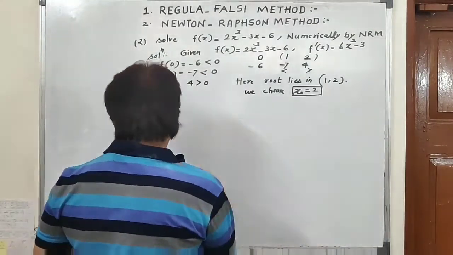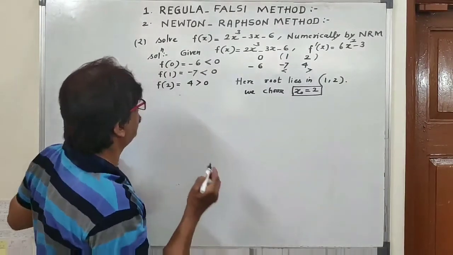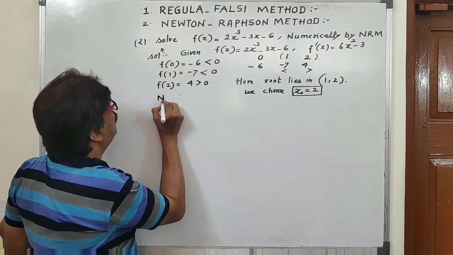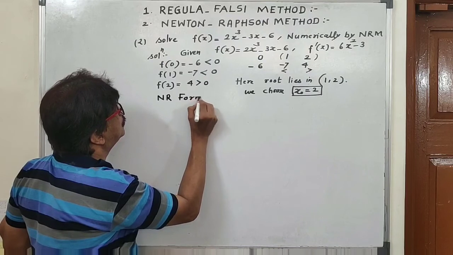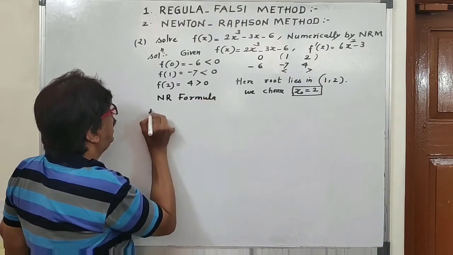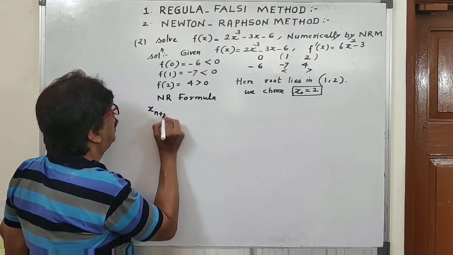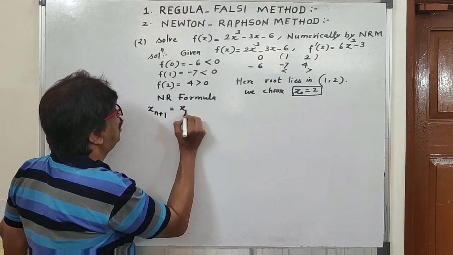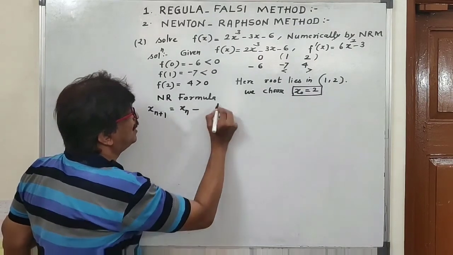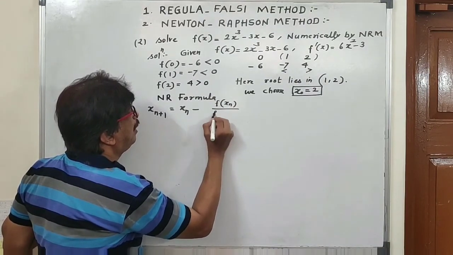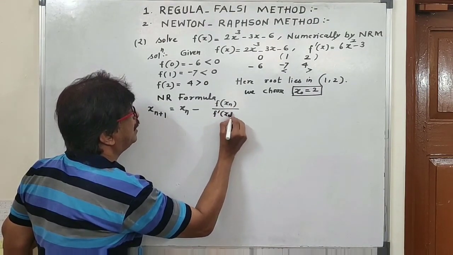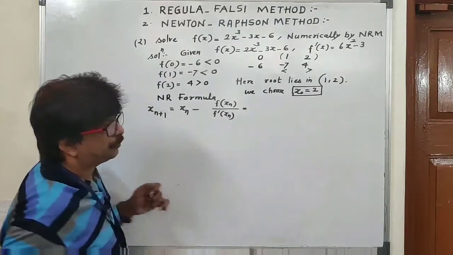Now, what is the Newton-Raphson formula? xₙ₊₁ = xₙ − f(xₙ)/f′(xₙ). Let us substitute.